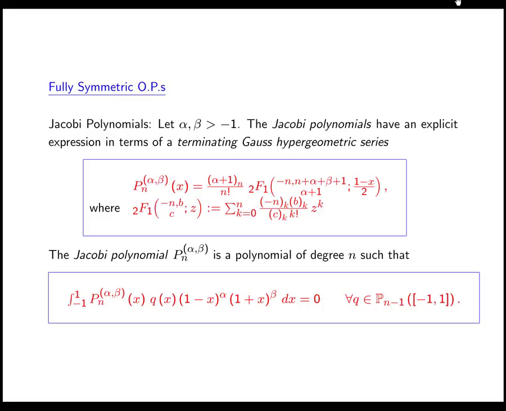But again, they look much more complicated than they are. They are polynomials of degree n, sum over k, and here you have some kind of coefficients which are factorials. More precisely, this is a Pochhammer symbol, which is also a factorial. So these are the Jacobi polynomials, which are in 1D, which are orthogonal with respect to these weights. This is well known since a long time.